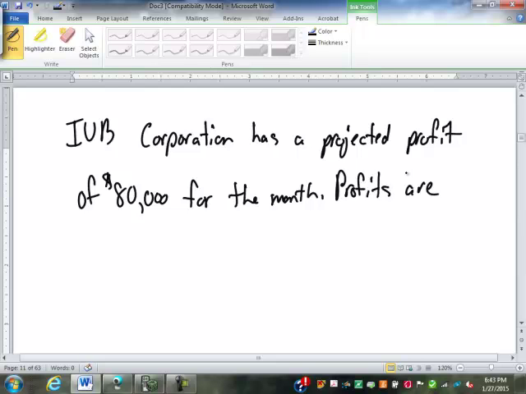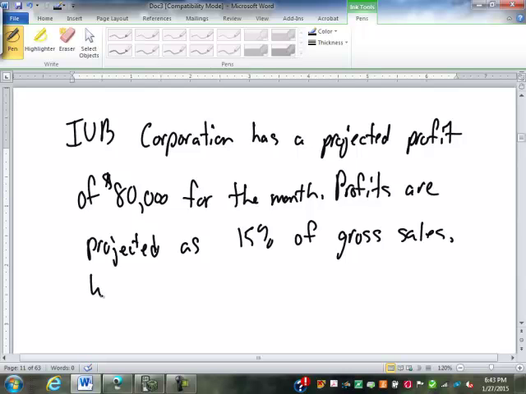Profits are projected as 15% of gross sales. What were the gross sales?